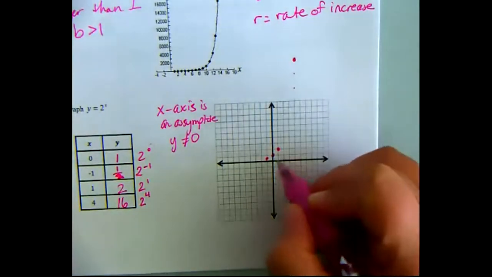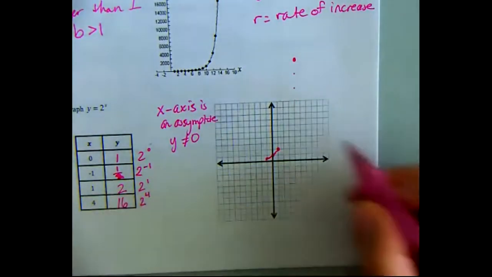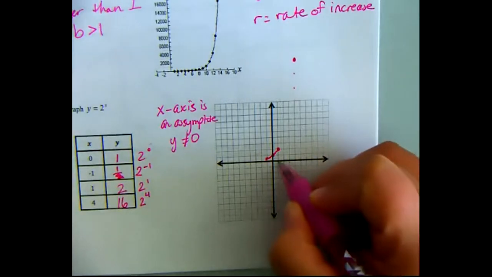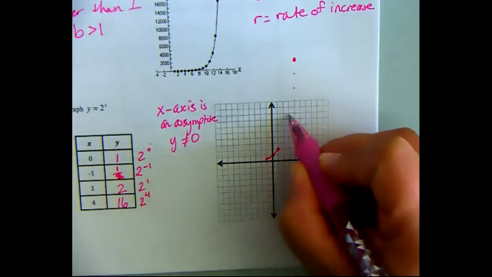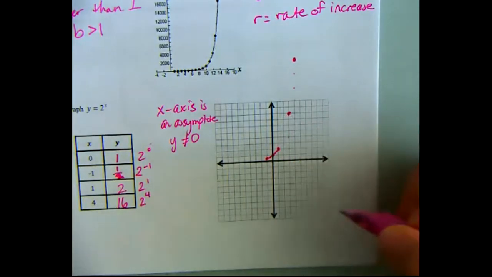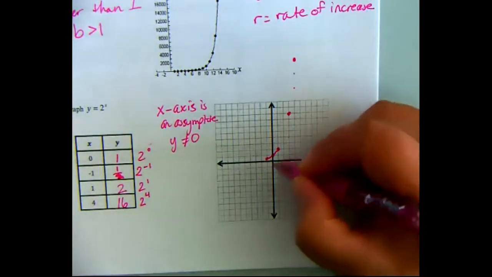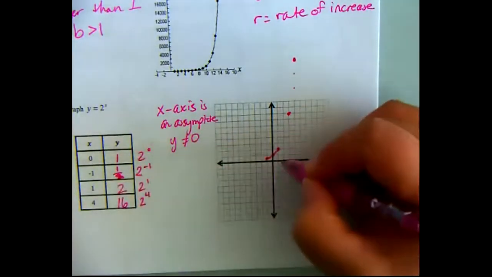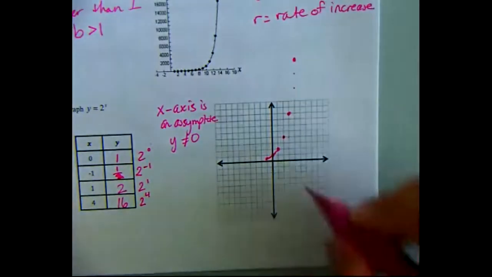Okay, so notice how quickly that shot up. If I did 2 to the third power, we would be at 8. So 1, 2, 3. So 2, 4, 6, 8. Just to give me an idea of how to go there. I can even do 2 to the second power, so that's just going to be a 4. I can get that picture right there.